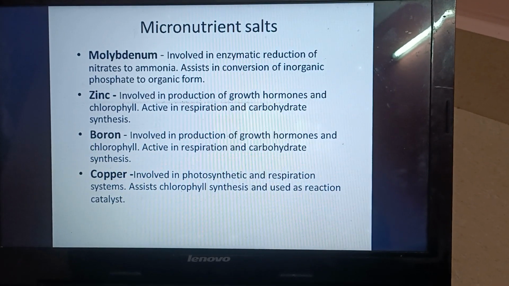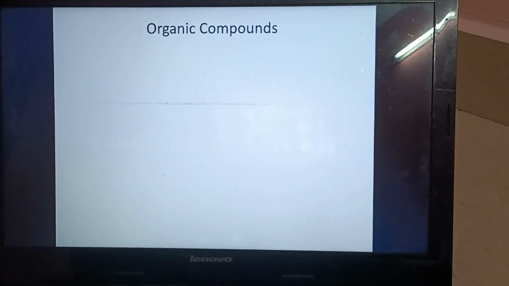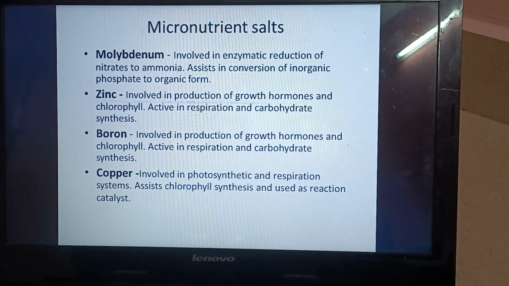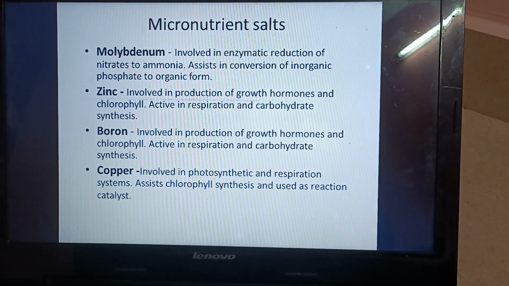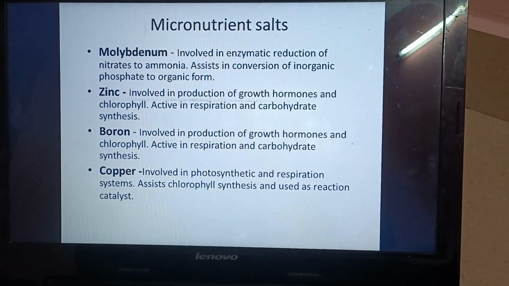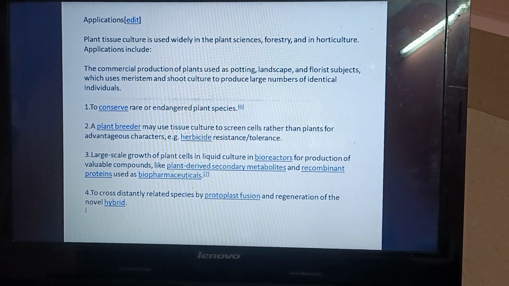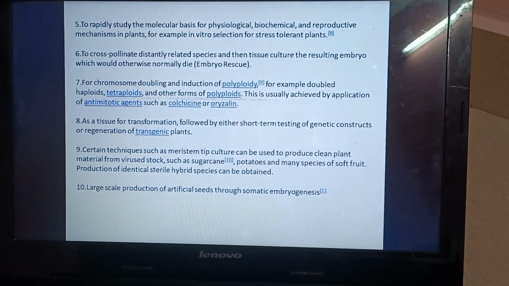When coming to micronutrient salts, molybdenum, zinc, boron, and copper are the most important micronutrient salts for plant growth promotion. And these are all the applications.